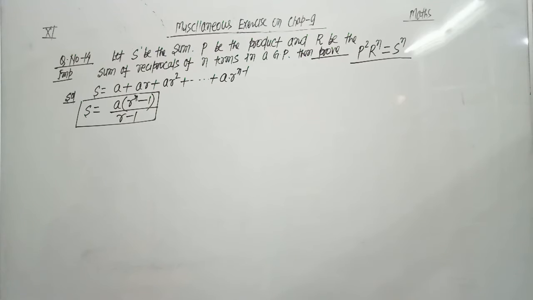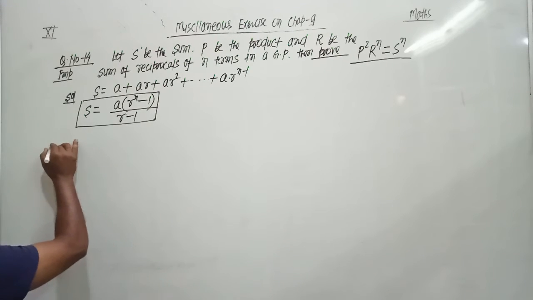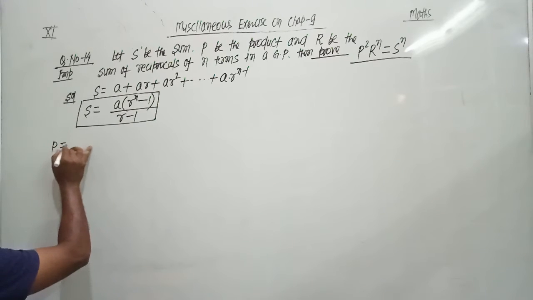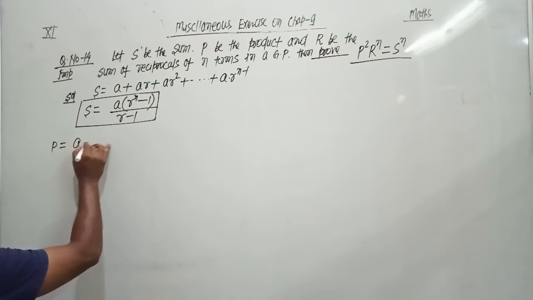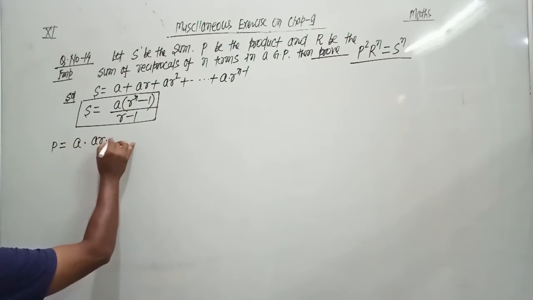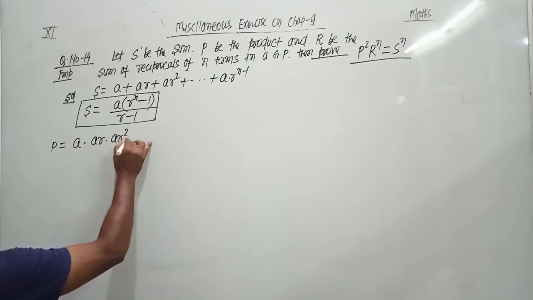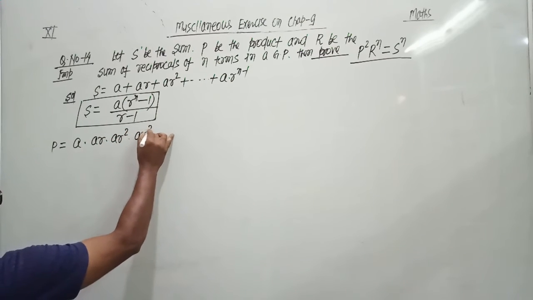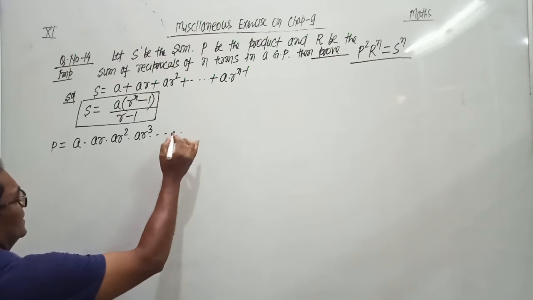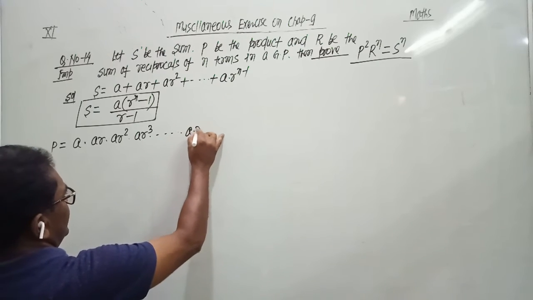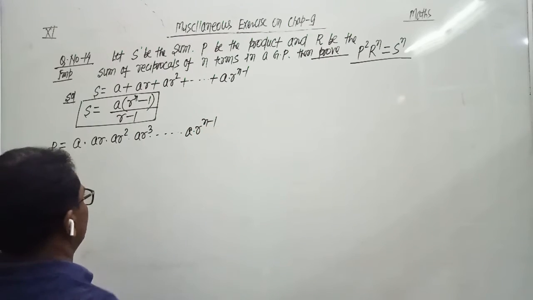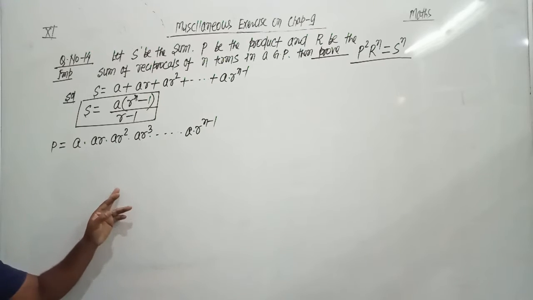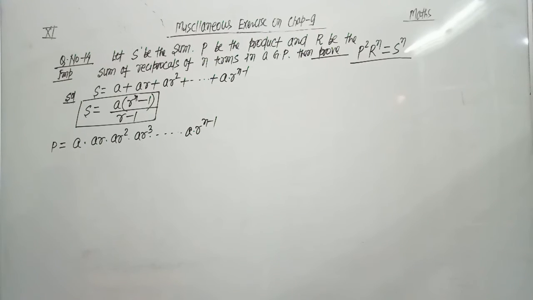Then we have been given that P is the product of n terms, means P equals a into ar into ar squared into ar cubed up to a into r to the power n minus 1.